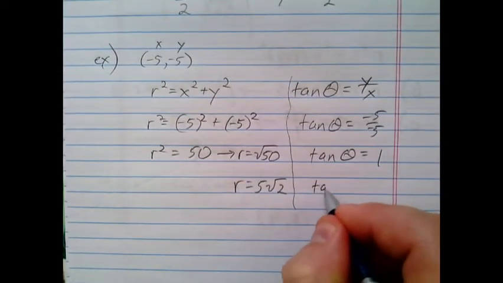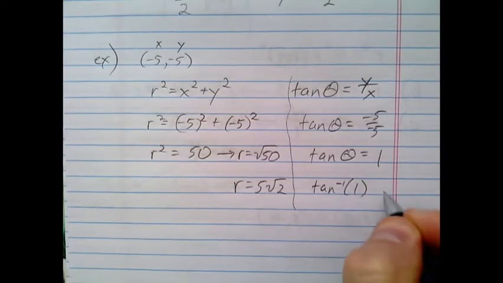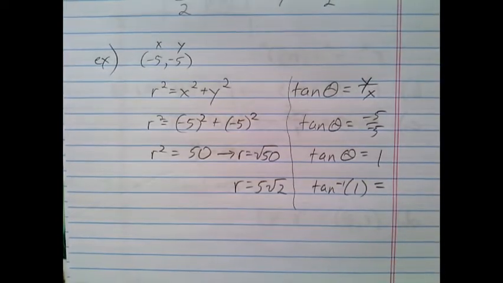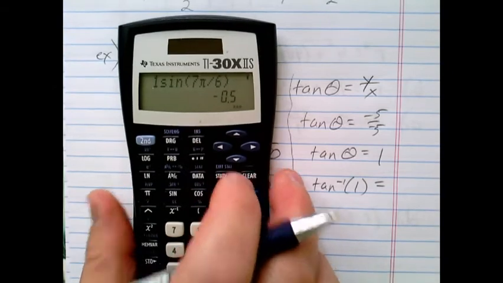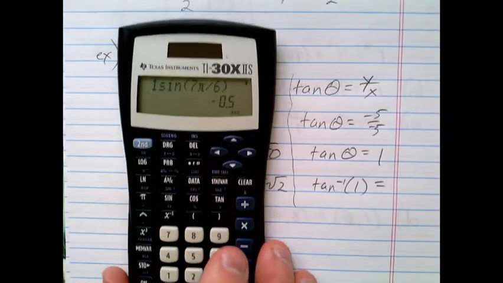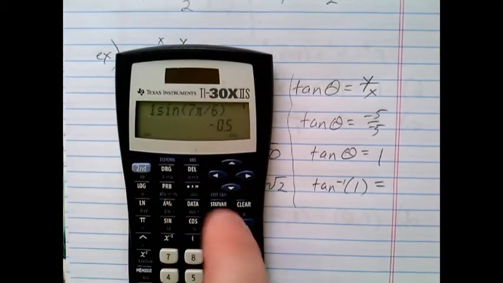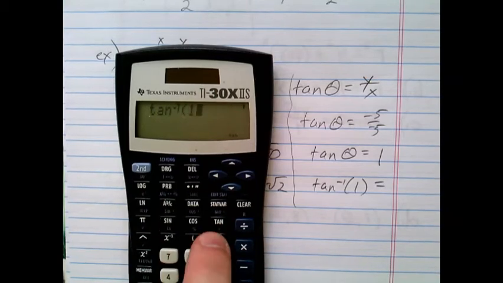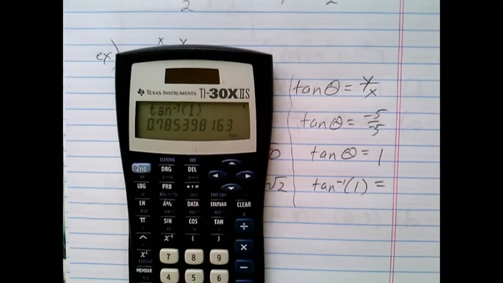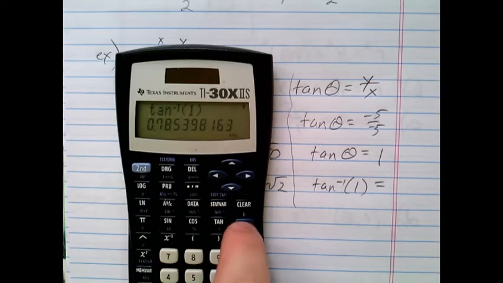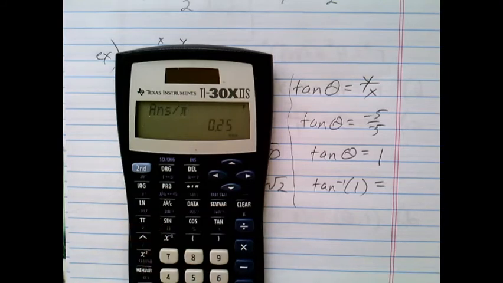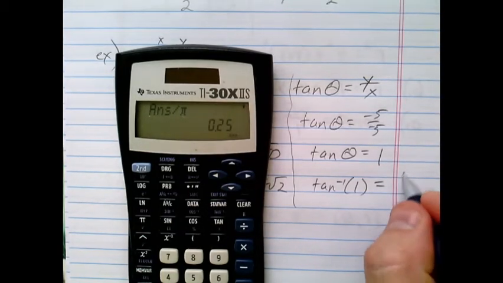Now if I take tan inverse of 1, well, I can ask my calculator what that is. Tan inverse of 1. Alright, there's my answer as an angle in radians. If I divide it by pi, I get 1/4. So that must have been pi over 4, or 1/4 pi.